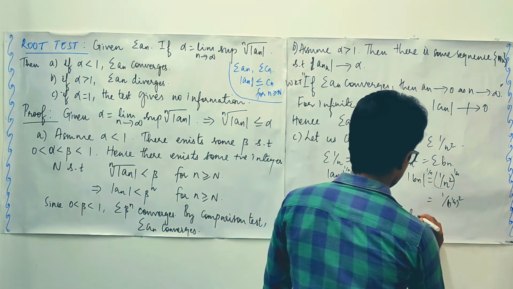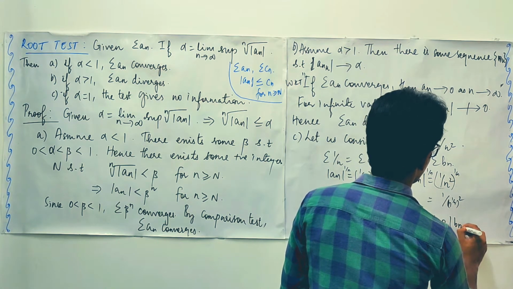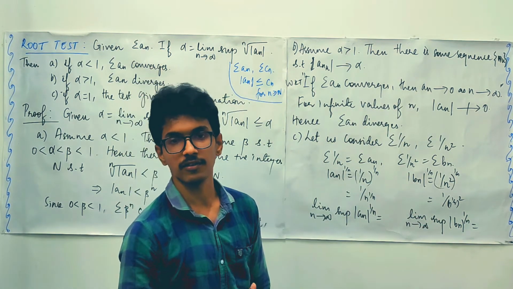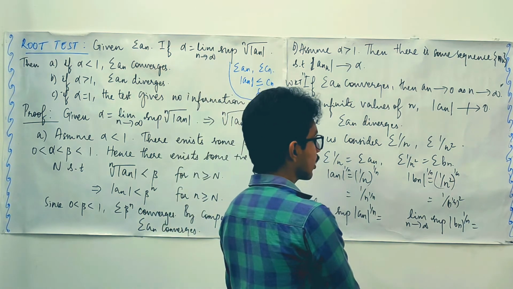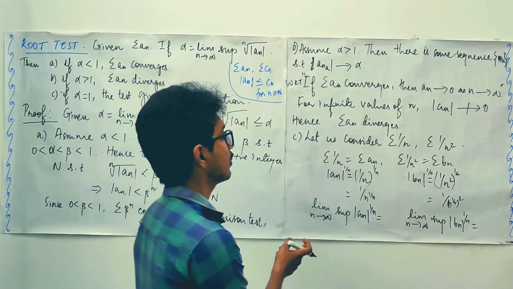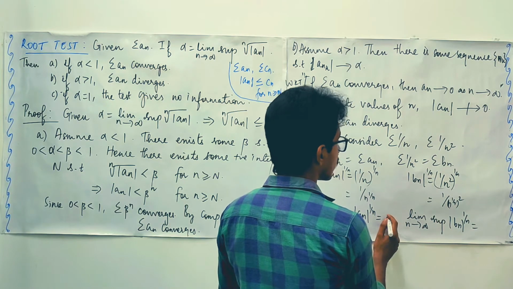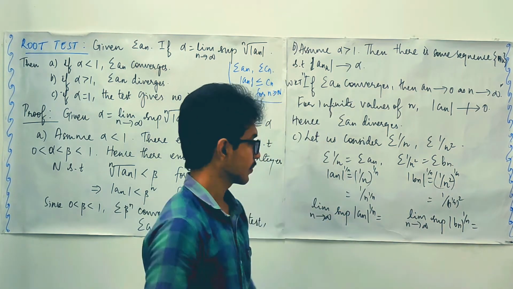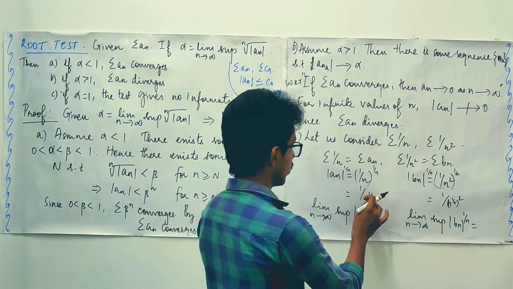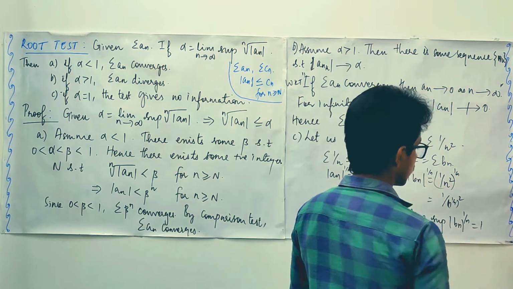Here this is not going to be any oscillating kind of thing, so even if we take supremum or infimum, it remains the same. When you make your n approach infinity, you will have this to be 1 and this also 1.